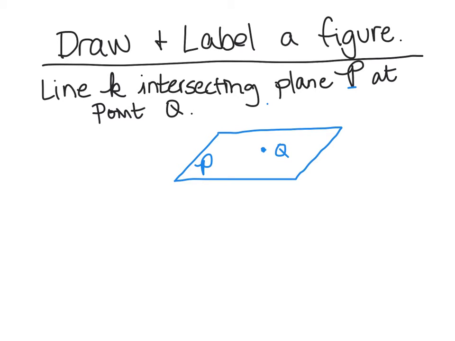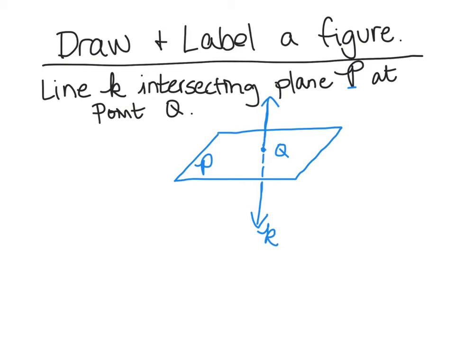And my line is going to go right through it, so when I'm underneath it, I'm going to put dotted lines. And my line is called line K, so I need to put a K next to the line to label it. So now this is a labeled drawing of line K intersecting plane P at point Q.